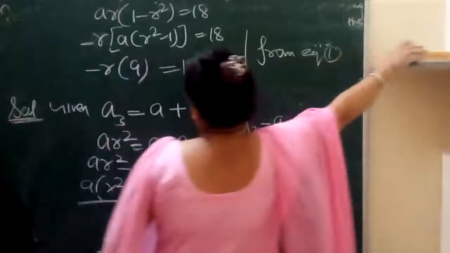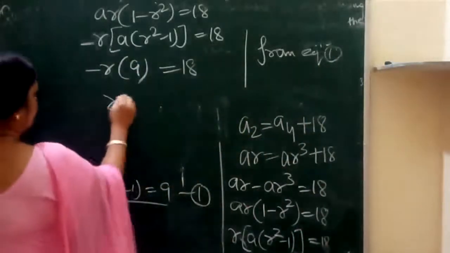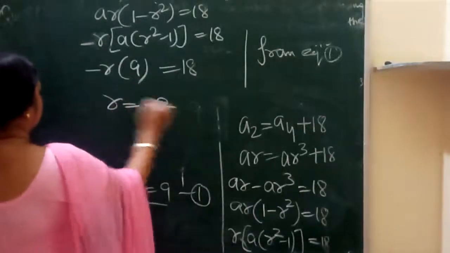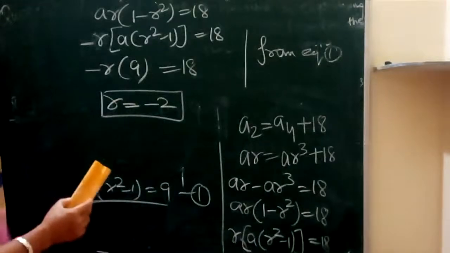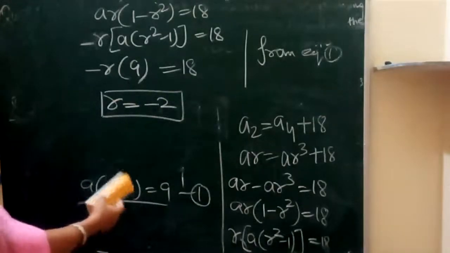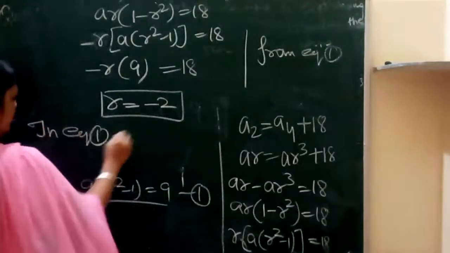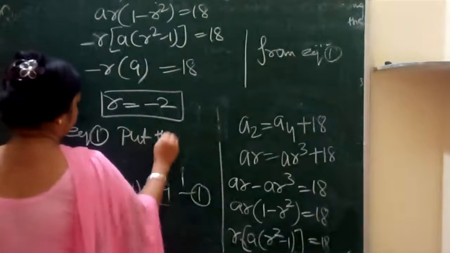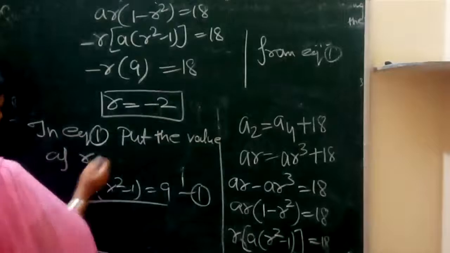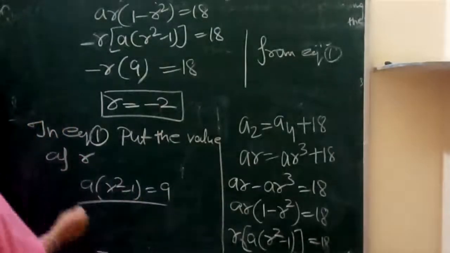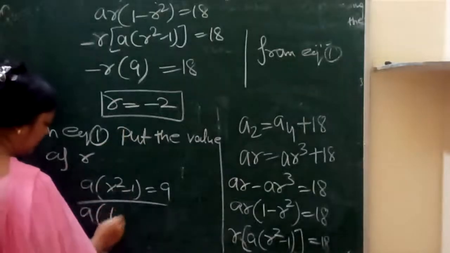So what is the value of R? The value of R is coming out as R equal to minus 2. Now we will find the value of A. In equation 1, we put the value of R. A as it is, and R is minus 2, so minus 2 square will come 4.